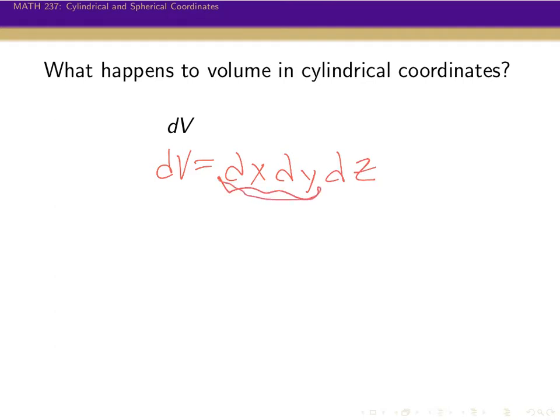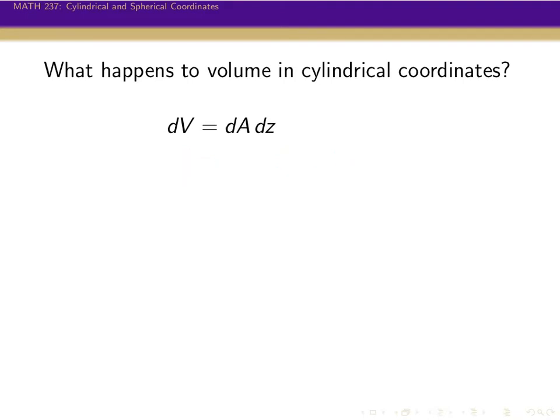Well, what's dx dy together? That's area on the xy plane. So we can think about dV in terms of x, y, and z as being area on the xy plane times dz, representing height, to give us volume. And so dV is dA dz, and we know what dA is in polar.